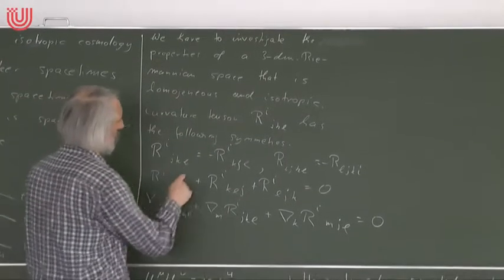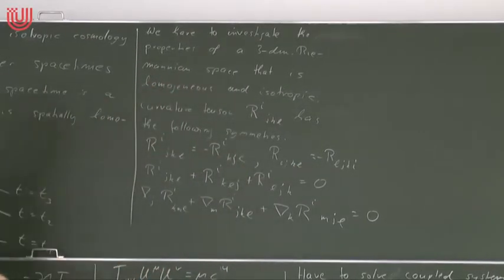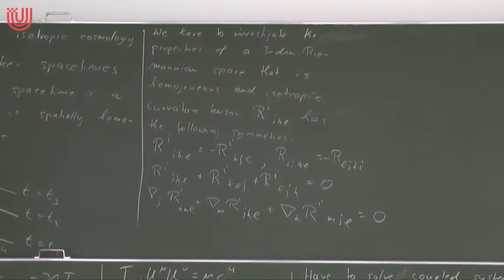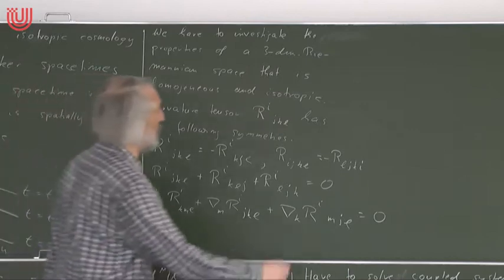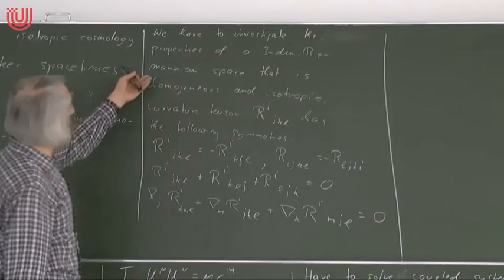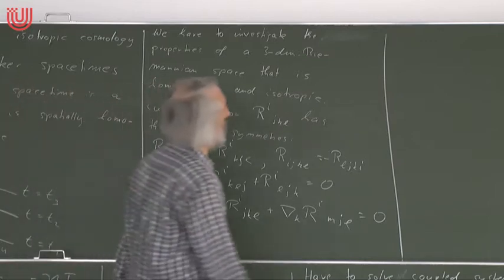And now you see, because of these antisymmetries, you can use the Riemann curvature tensor as a map which makes antisymmetric second-rank tensors into antisymmetric second-rank tensors. And we will use the properties of this map in order to find out how the curvature tensor of a homogeneous and isotropic space has to look like.